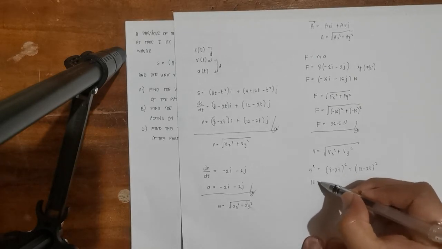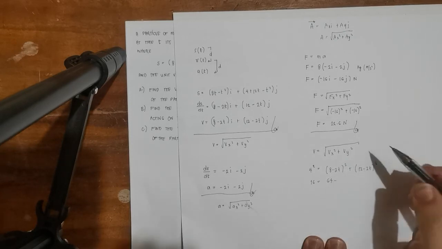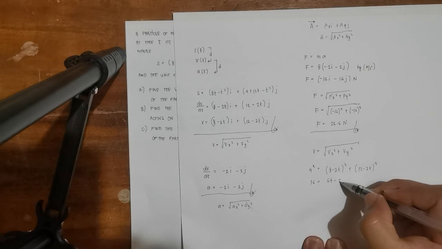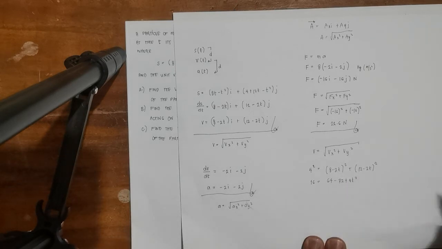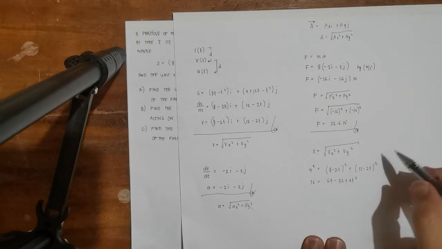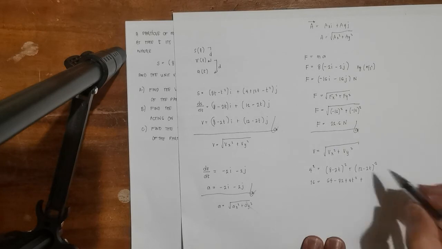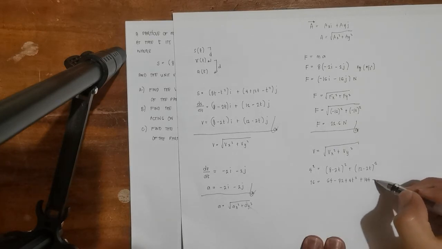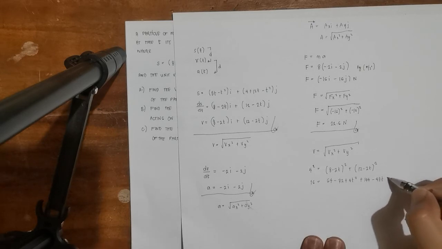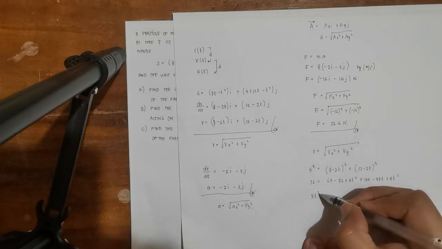Simplifying, this is 16 equivalent to 64 minus 32t plus 4t squared. Plus 144 minus 48t plus 4t squared. So, simplifying, ito magka-combine, we have 8t squared.